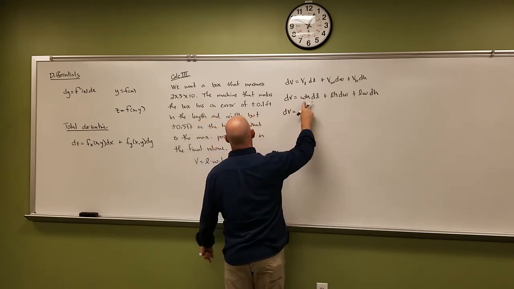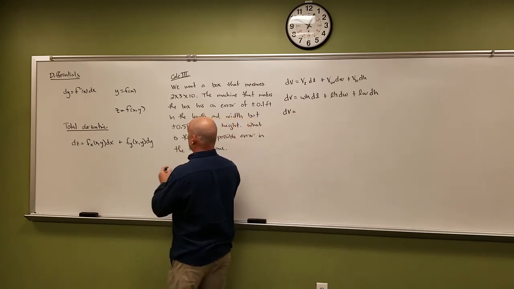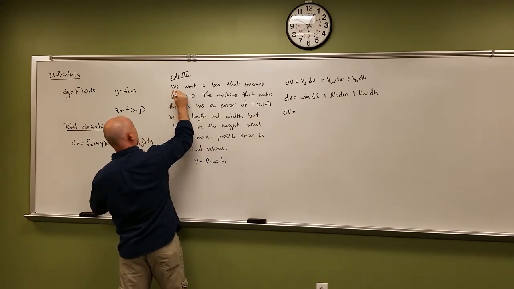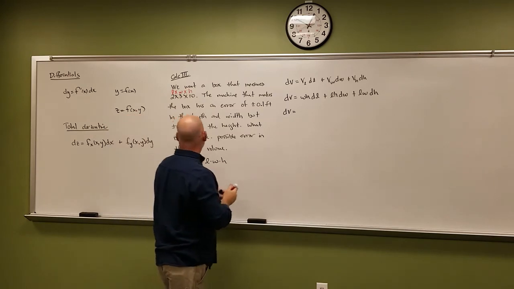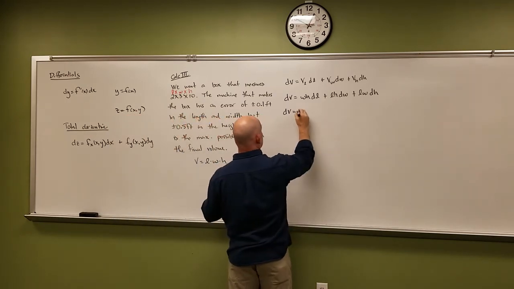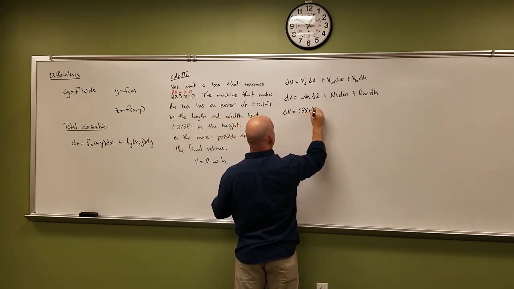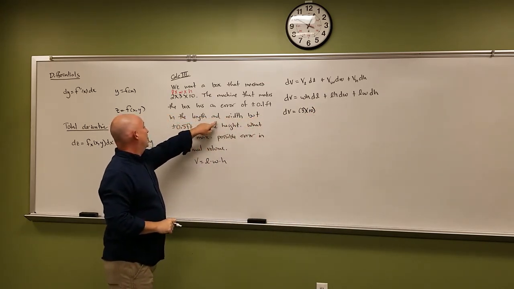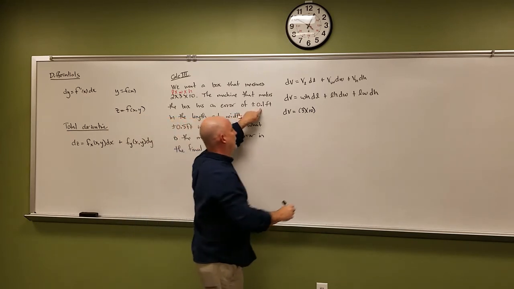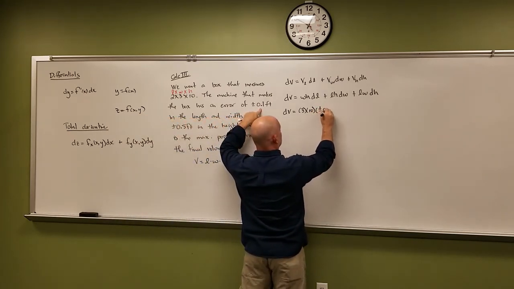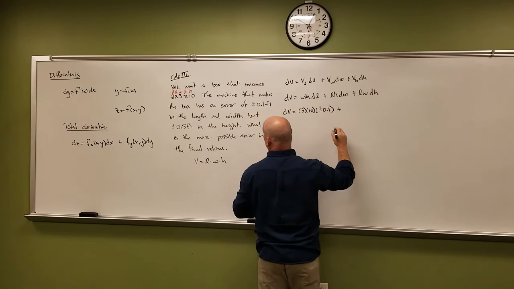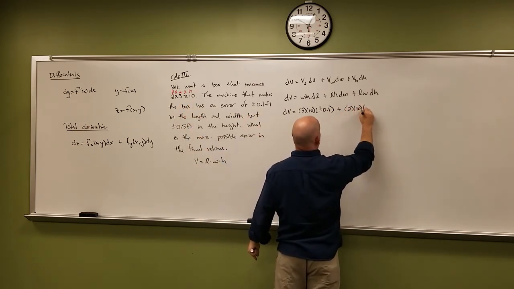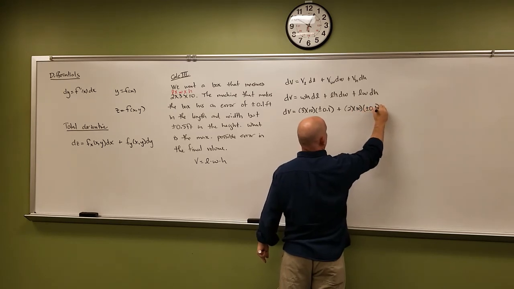Well, remember, the convention when we write a dimension is always length by width by height. The width and the height are 3 and 10, with dL. The maximum possible error in the length is plus or minus 0.1. Plus the length and the height, so that's 2 and 10, and the width also has a possible error of a tenth.